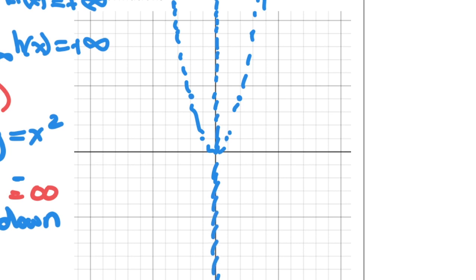We want to put it all together. Plot your 2 points. Our first point was negative 1, 0. That's going to be a very useful point. Notice that we are on the left side of the graph. So when we head up the asymptote and down the vertical asymptote, we're going to be on the furthest left side of the graph.